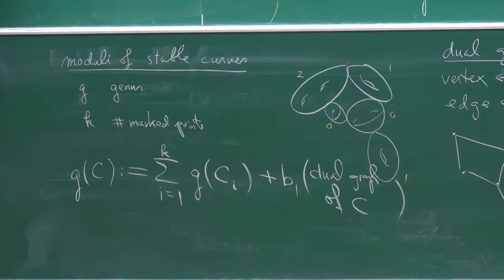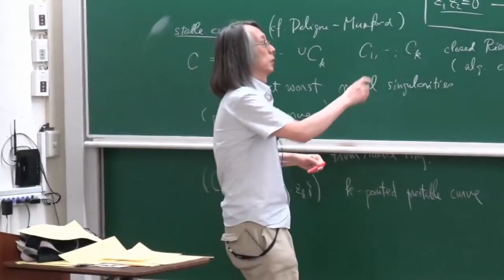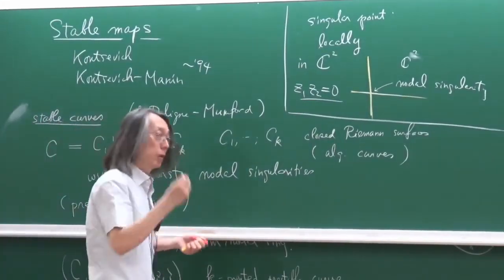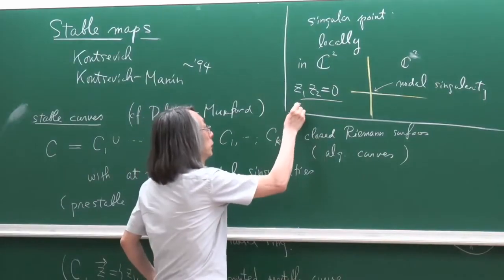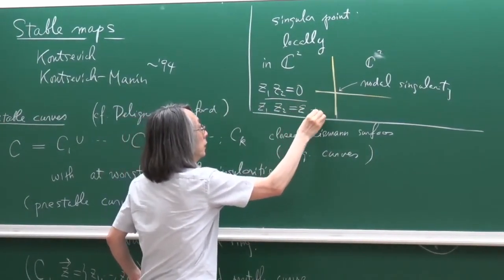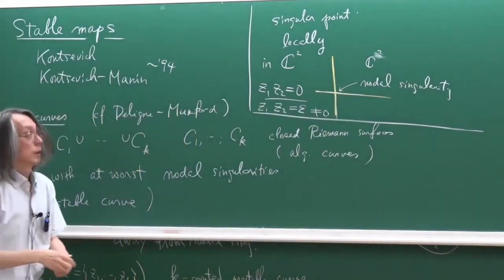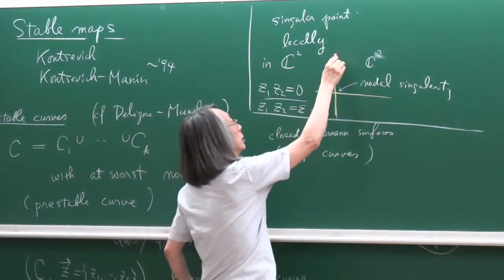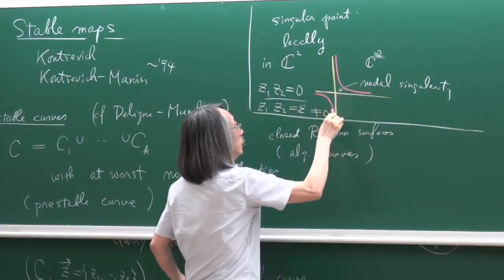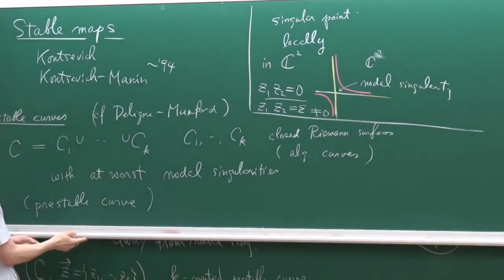The reason is the following. If you have this nodal singularity, originally you have Z1 Z2 equal to 0, but you can smoothen it to Z1 Z2 equal to epsilon. Then what you get is something like this.